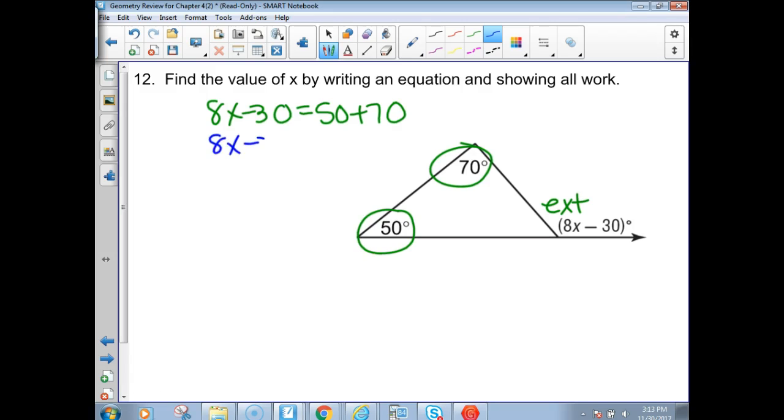So 8x minus 30 equals 120. Find x. Okay, so I hope you're all calculating what x is right now, because I want you to know that it's okay if it's not a whole number, but a decimal. You should be getting a decimal.